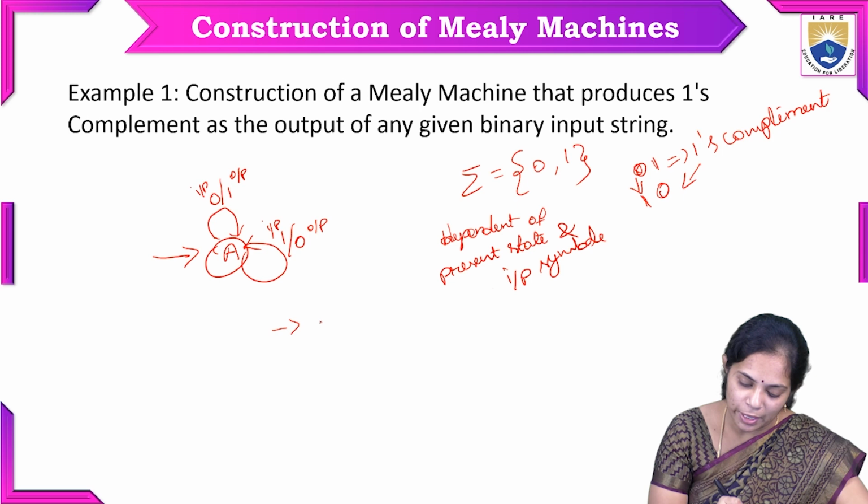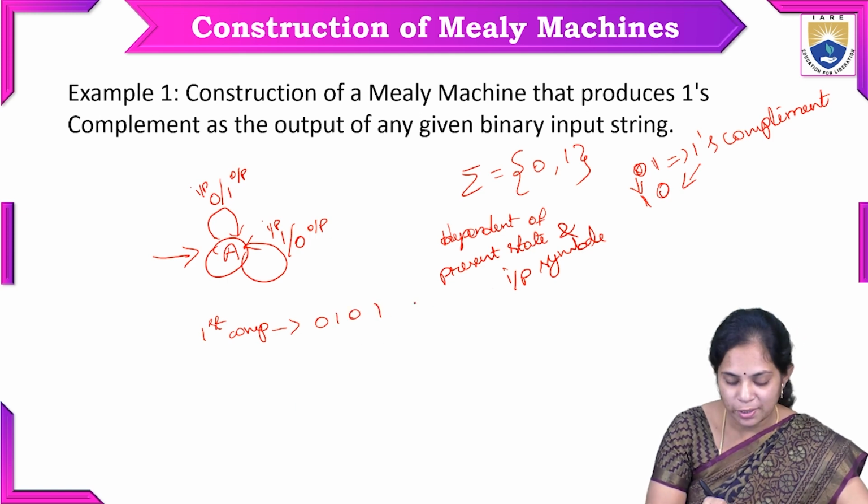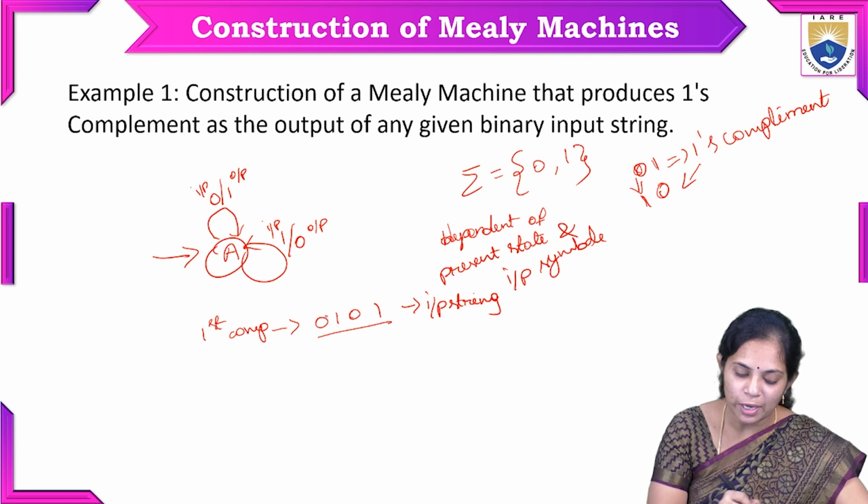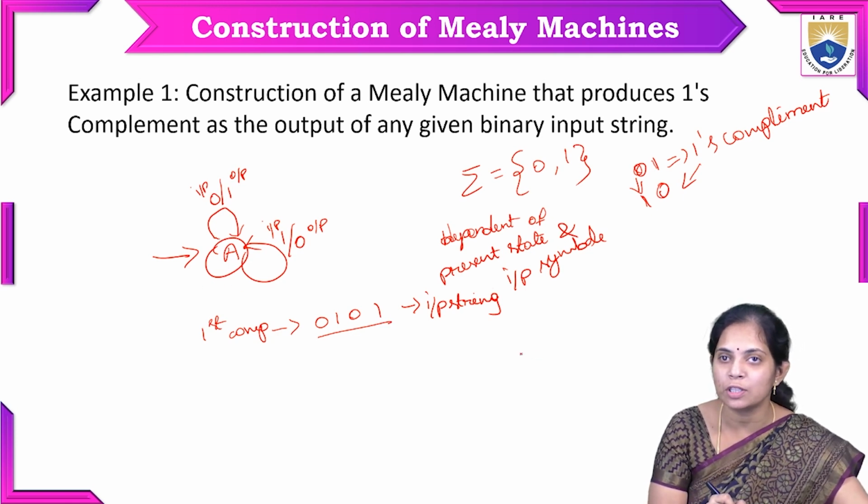Let's check for a given string. Here we have to find the one's complement for 0101. This is the input string. For this input string, we have to check whether this Mealy machine gives the one's complement as output or not.